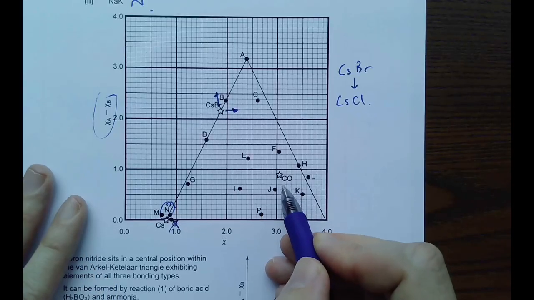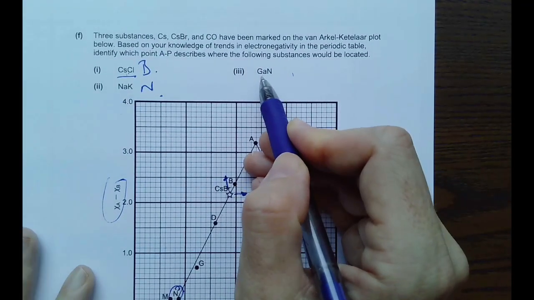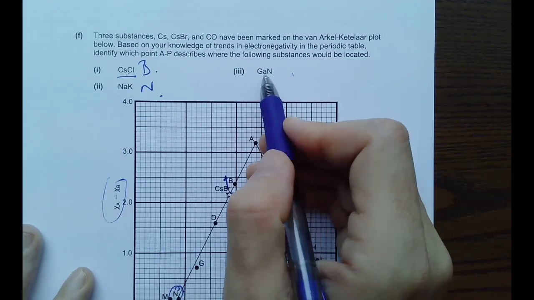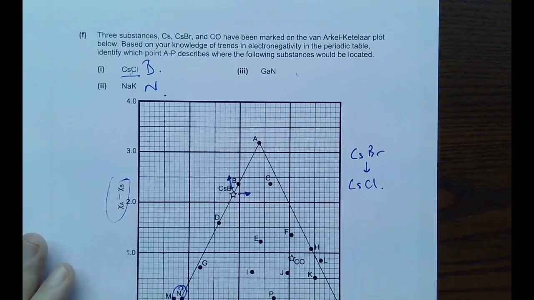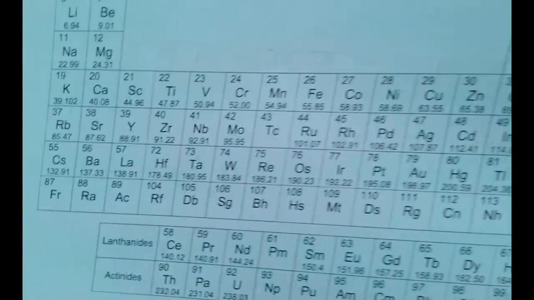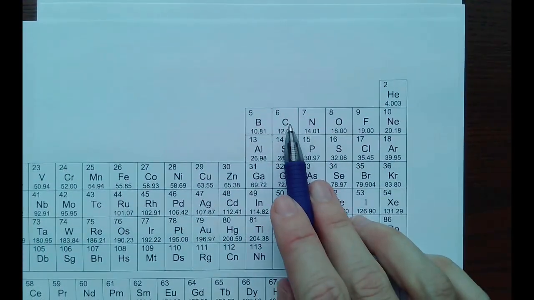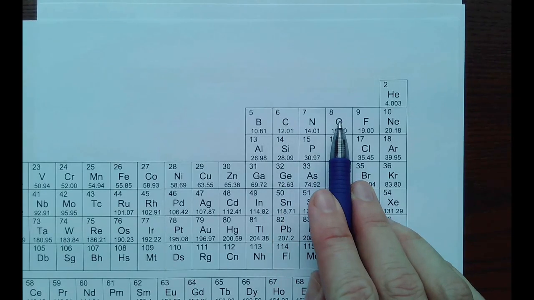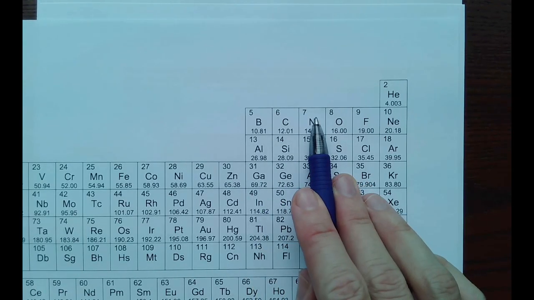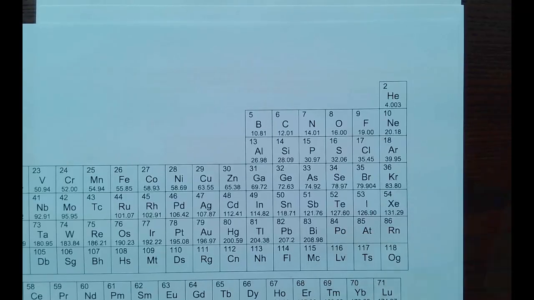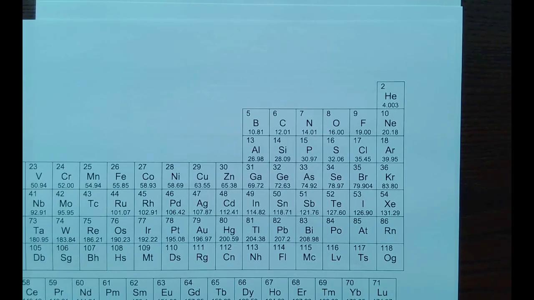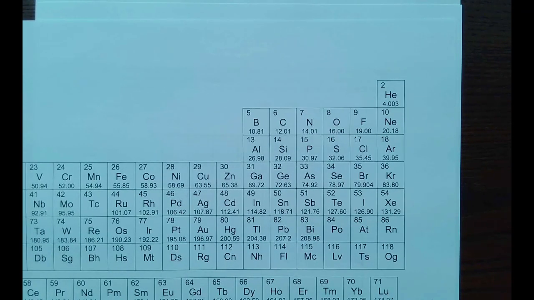So I've got carbon monoxide, and I need to find this gallium nitrogen thing that I've got here. Okay, so if we look on the periodic table, I've got carbon monoxide, carbon and oxygen, and I'm replacing it with gallium and nitrogen. Now, this is a little bit hand-wavy. And rather than sort of try and work out some more robust way of doing it, I'm going to try and walk you through how I did it.